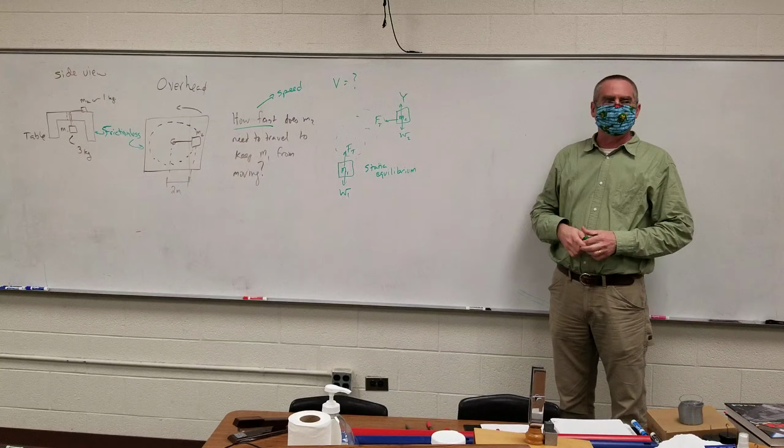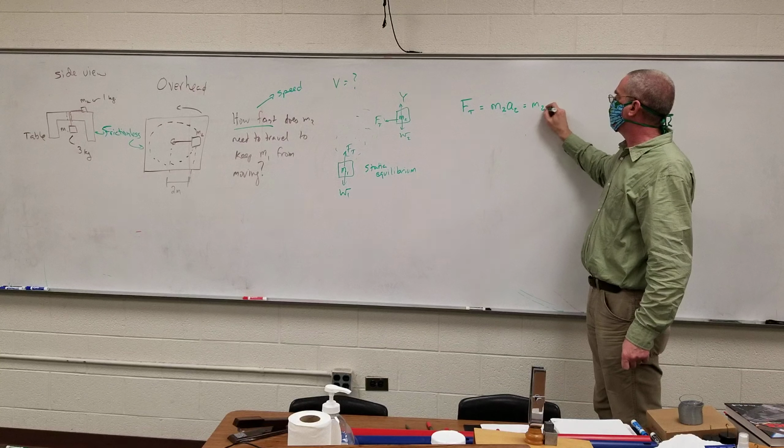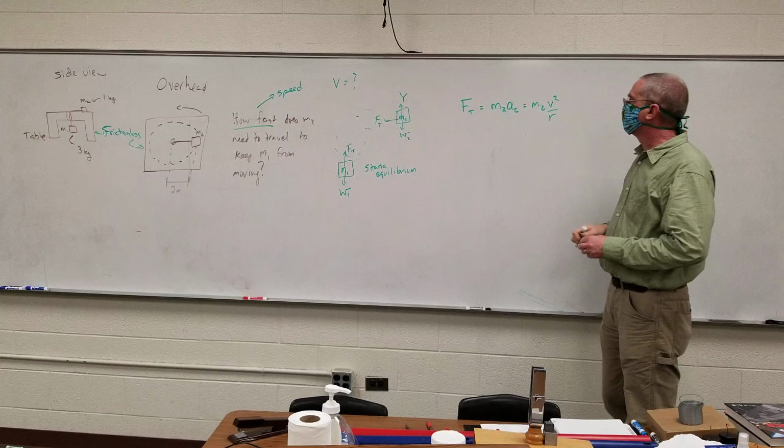Which one of those forces is the centripetal force? Tension. Absolutely, that's the one that's pointing towards the center. So I know that the tension is equal to mass 2 times v squared over r. Or we can do the intermediate step, mass 2 times the centripetal acceleration, which is mass 2 times v squared over r.